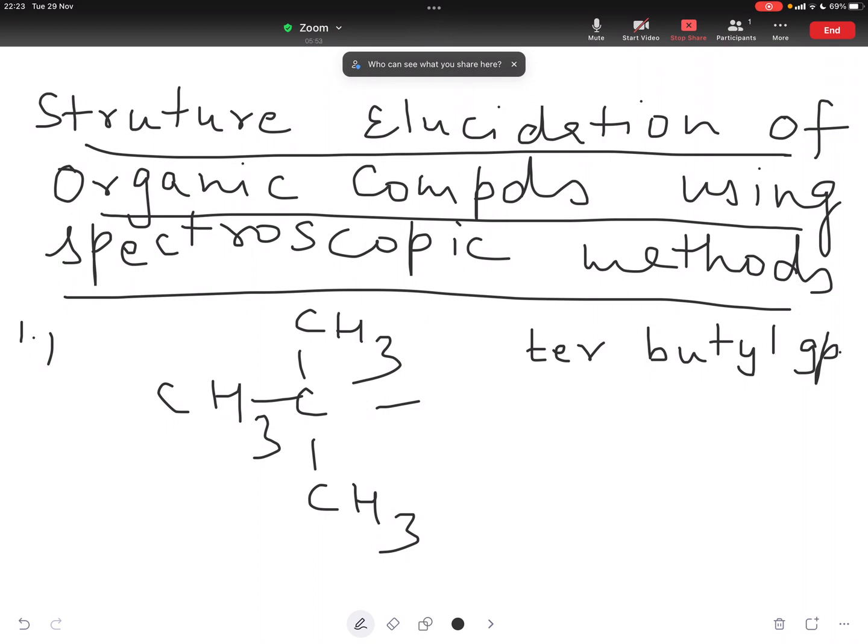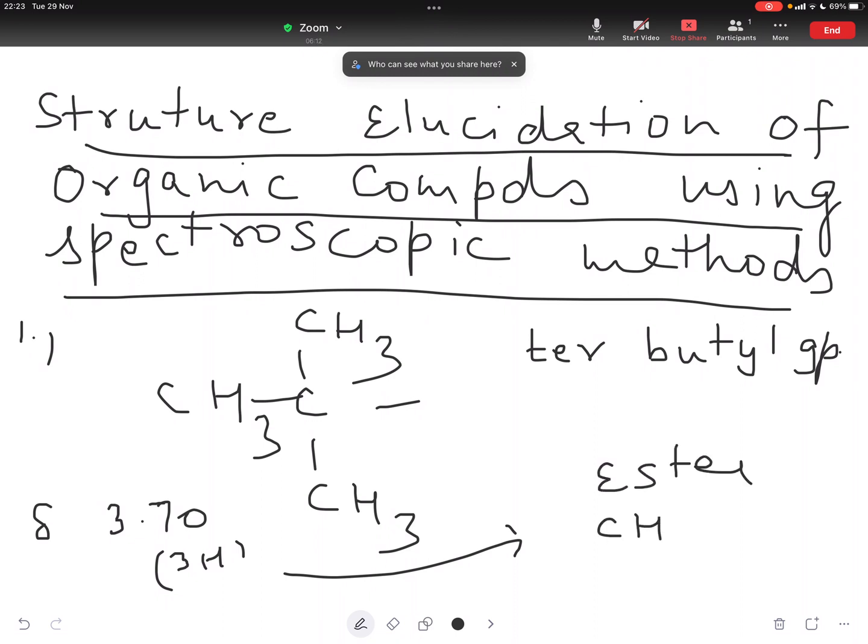Now another singlet at delta 3.70 equivalent to 3 protons indicates an ester methyl group.